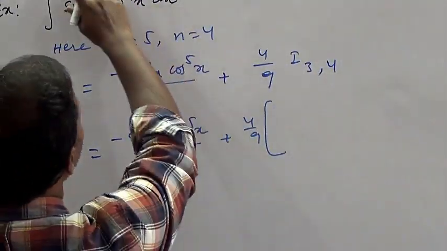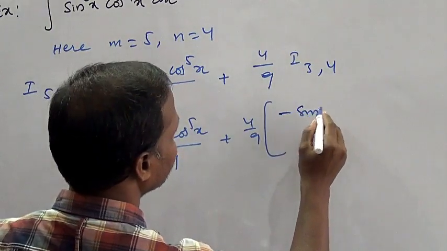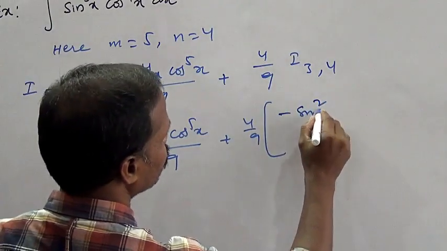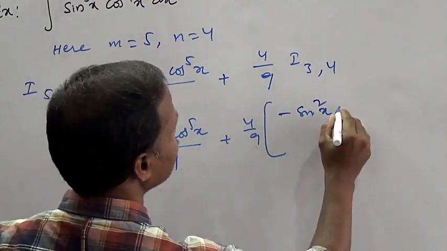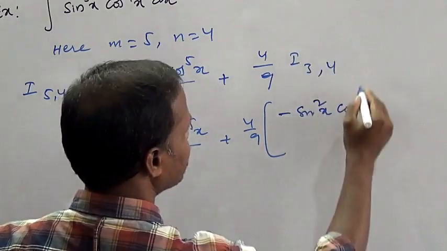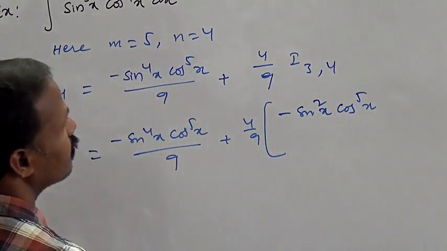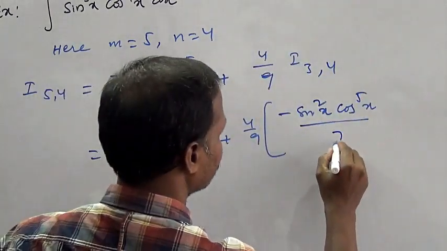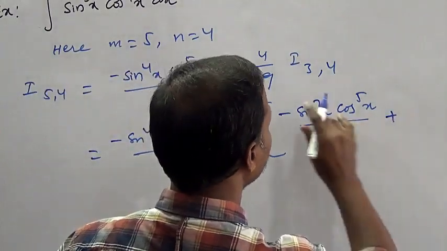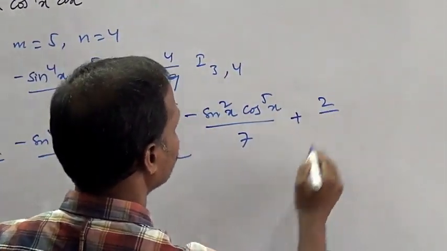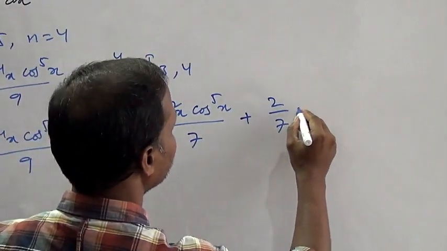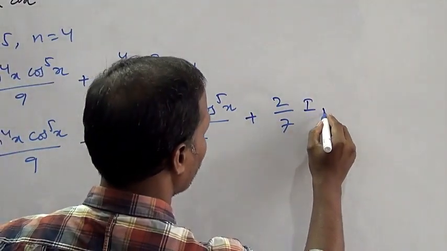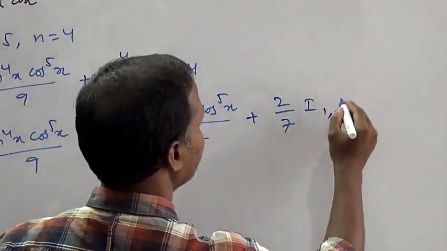So again applying this: minus sin power 3 minus 1, 2, minus sin square x cos power n plus 1, 5x, by m plus n, which is 3 plus 4, 7, plus m minus 1, 3 minus 1, 2 by 7, I(m minus 2, that is 3 minus 2, which is 1, n, which is 4).